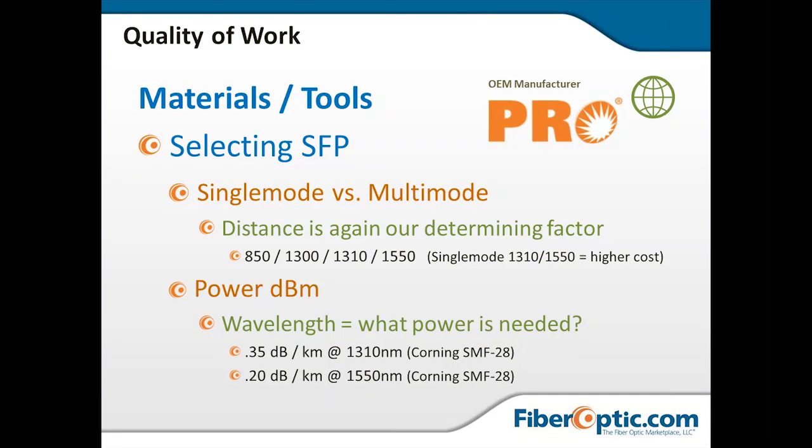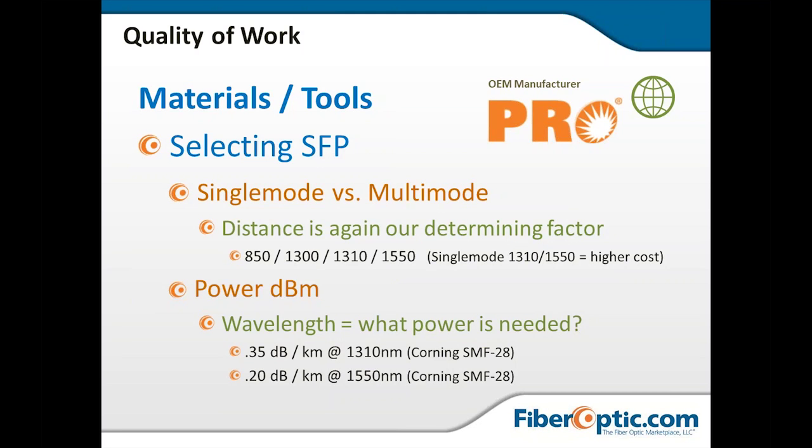And for single mode distances, for single mode fiber, Corning SMF28, for example, which is probably the most widely distributed or used outside plant fiber optic cable, our losses per kilometer are about 0.35 dB per kilometer. So what you need to do is say, okay, I've got a 5 dBm transceiver.